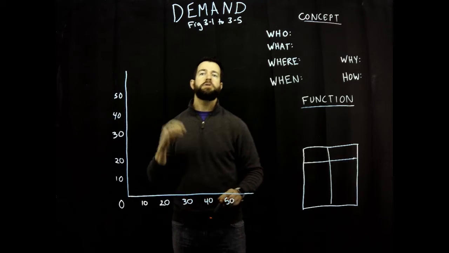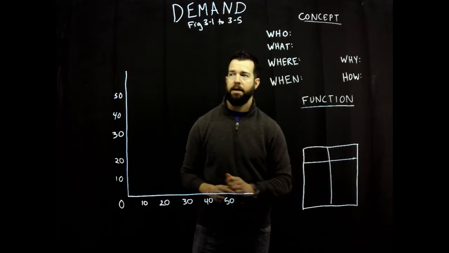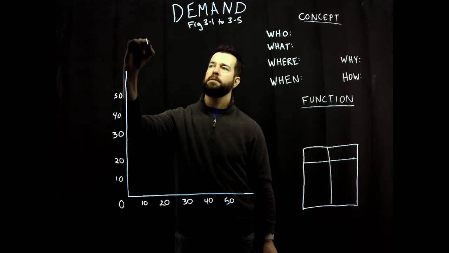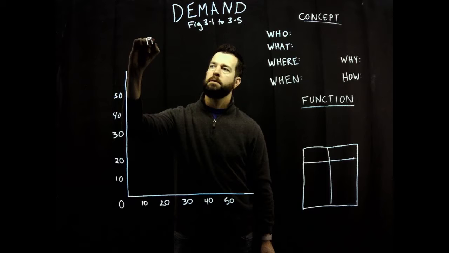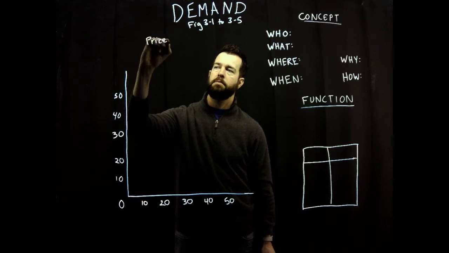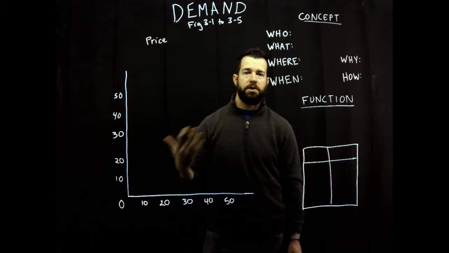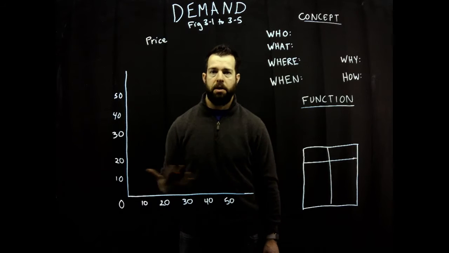All right, so the two most important concepts in demand are price, which is referring to the price today of the good or service for which we're defining a market.